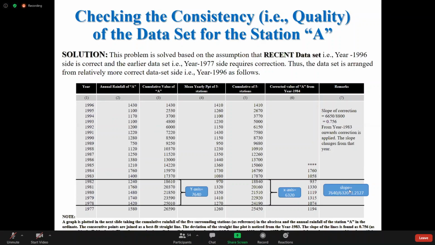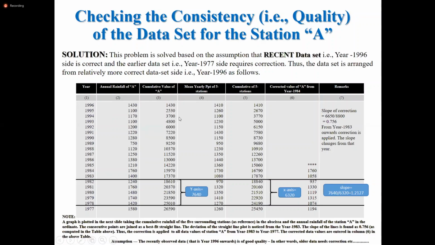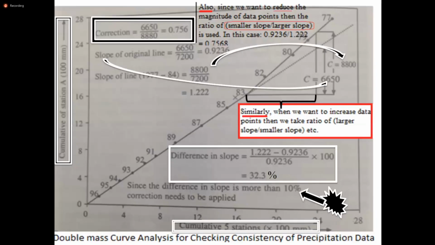So slope is rise over run. So this is our x, this y, and this is our x. So y over x gives you that slope, 2.12. So you can obtain it from whatever point. Okay, so that is the point I wanted to make. As we have found the slope of this line, likewise we can find the slope of this line.